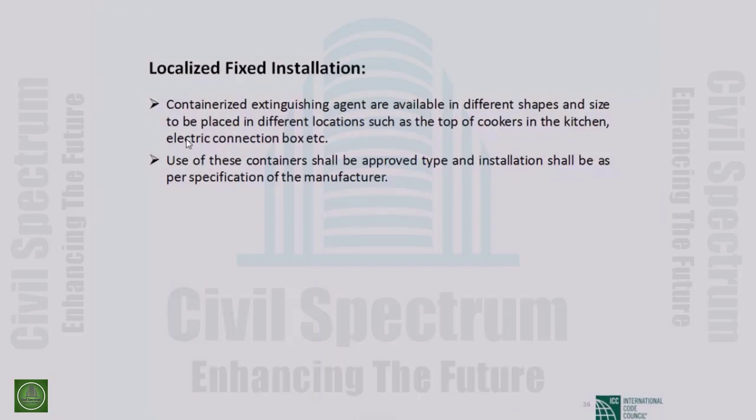Containerized extinguishing agents are available in different shapes and sizes to be placed in different locations, such as at the top of the cooker, in the kitchen, in the electric box, electric areas, so that at the time of fire, this container will be heated and burst, and it will release some extinguishing agent and extinguish the fire. These are some local agents in Bangladesh. Sometimes we find there is a ball or some granite type thing.